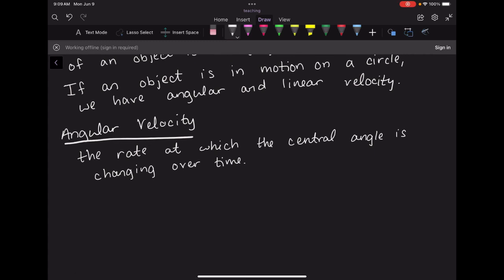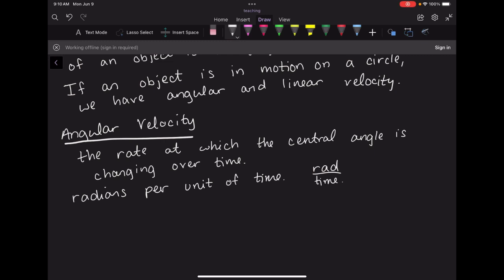So let me go ahead and give you the unit. This is going to be in radians per unit of time. So our unit at the end is going to be radians over a time.